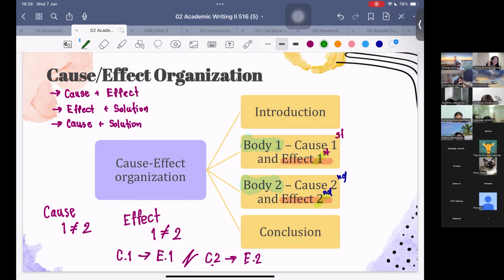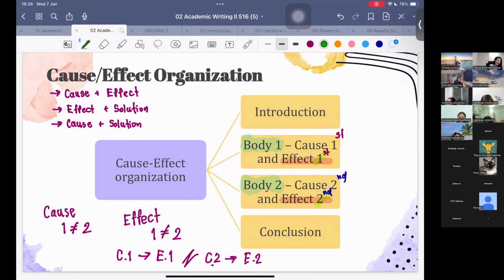So if you need to write both cause and effect, technically you can just list the cause and then follow with the effect within the same paragraph. That can be a way for you to do it.